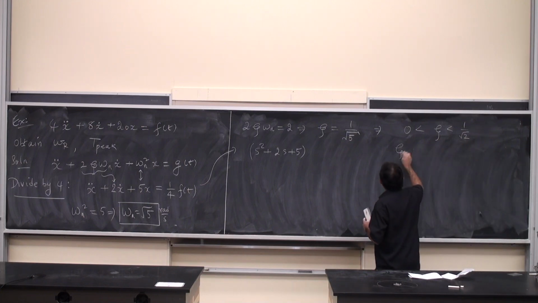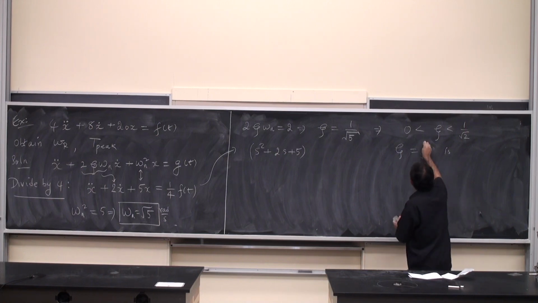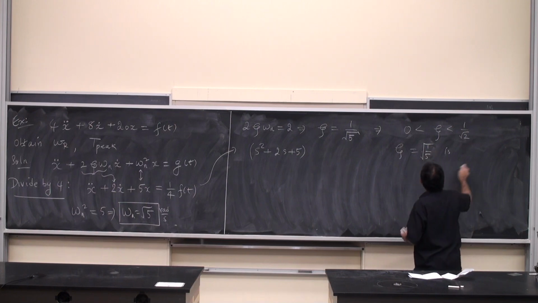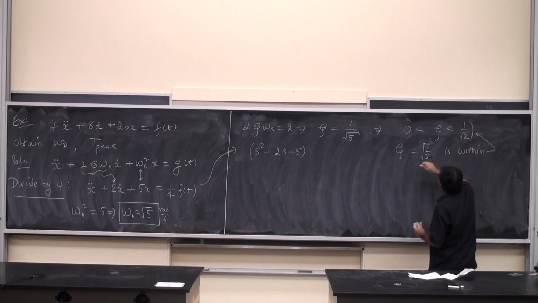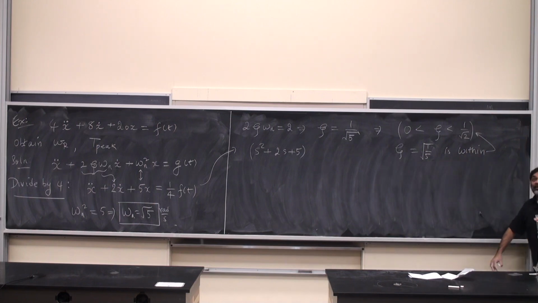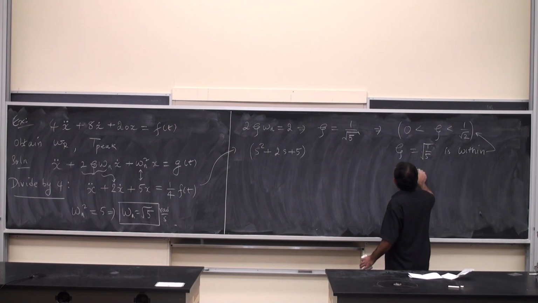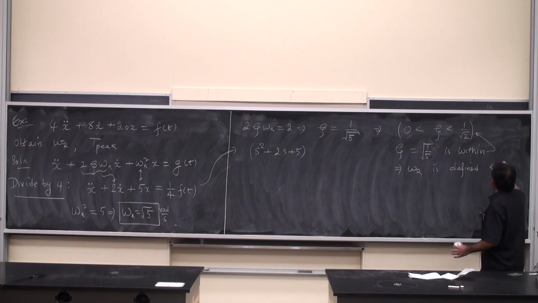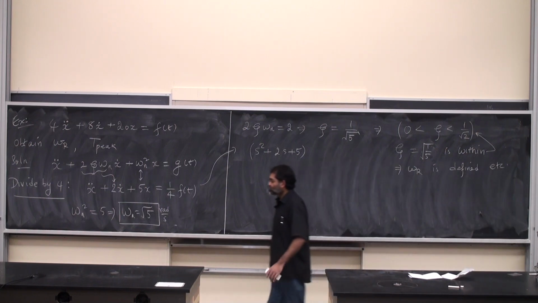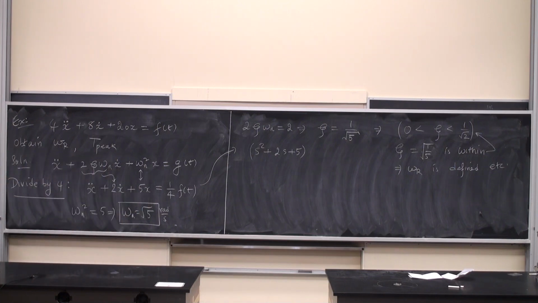So zeta 1 by root 5 is within this interval, and so omega r is actually physically defined. No numerator dynamics, as you can see, right? No derivatives of f of t present.